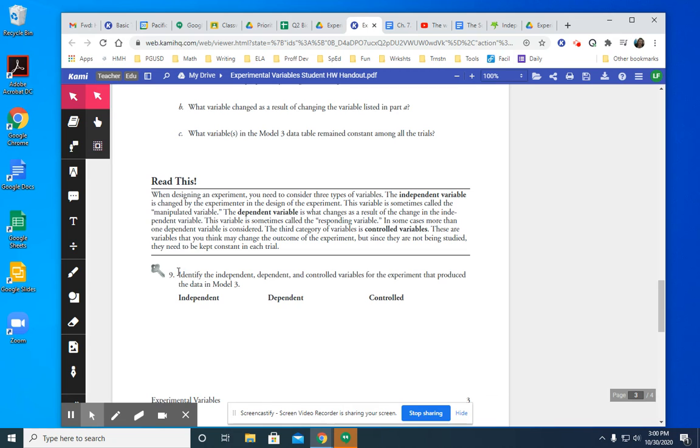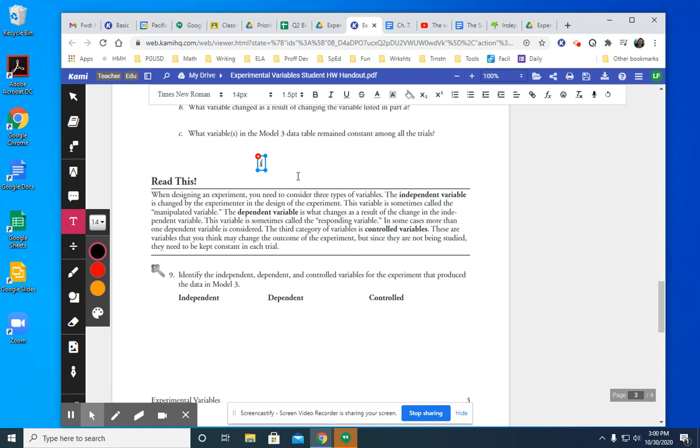Number 9. So let me just recap here. Let me go to the text box. Okay. So the independent variable. This is what is changed.